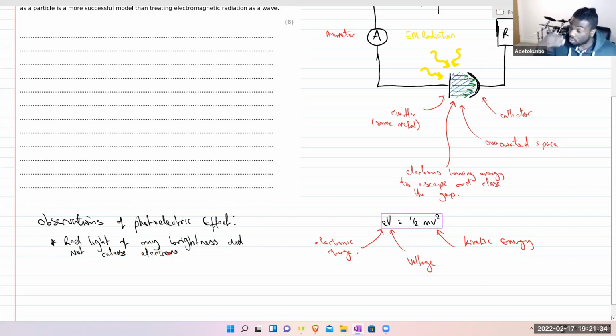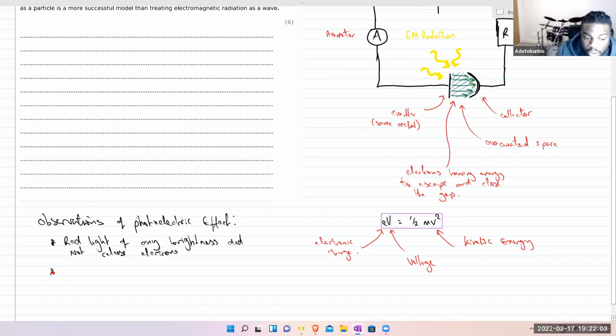They were shining normal red light and didn't see anything. So they increased the amplitude of the red light, and they still didn't see anything. Red light, so this could be radio waves, microwaves, infrared, or just literally red light, did not do anything to make photoelectrons.